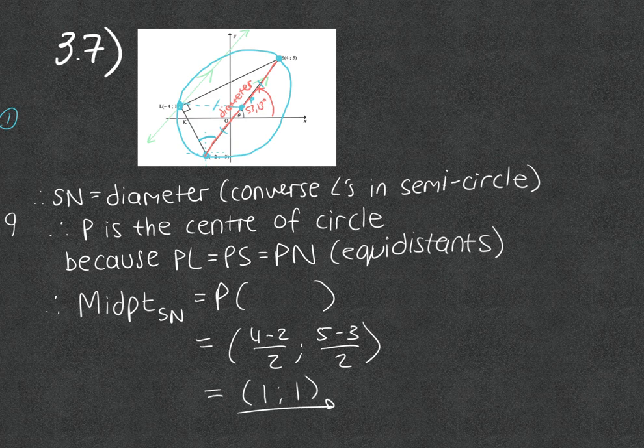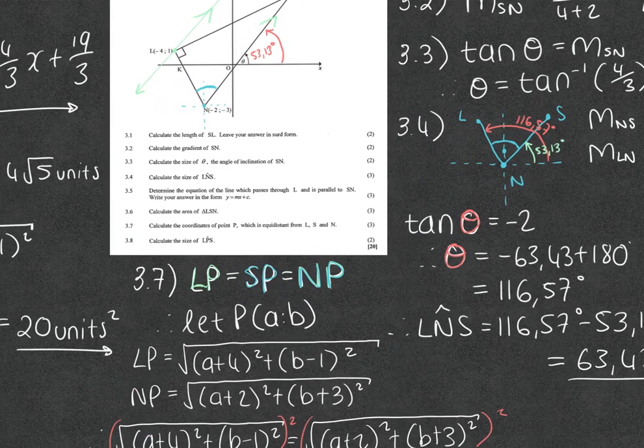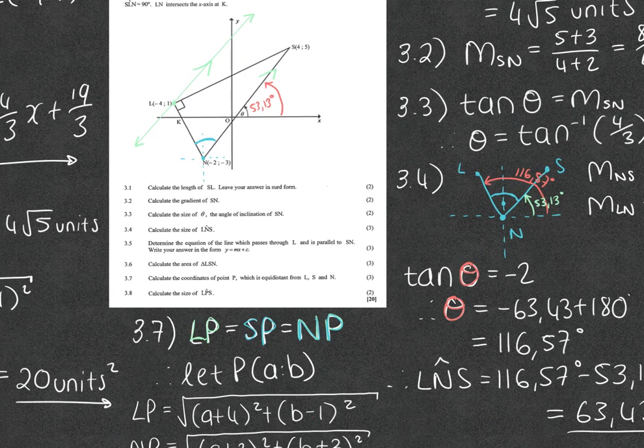So that was another way of doing 3.7. Okay, so that was quite a lot easier, but much more difficult to see, because now you're including Euclidean geometry into your analytical geometry. And then the last question, everybody, calculate the size of LPS.